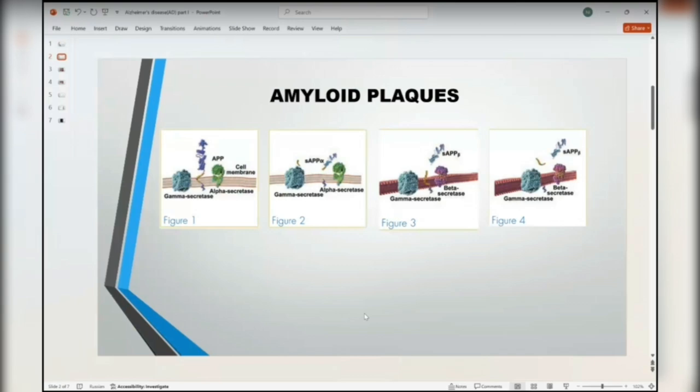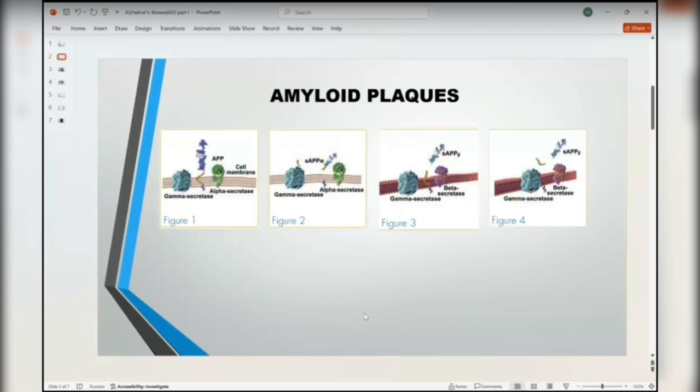Gamma secretase then cuts the resulting APP fragment, still tethered in the neuron's membrane, at the other end of the beta-amyloid peptide. Following this cut, the beta-amyloid peptide is released into the space outside the neuron and begins to stick to other beta-amyloid peptides, as you can see in figure 4.